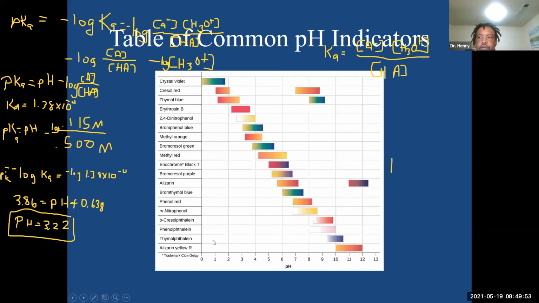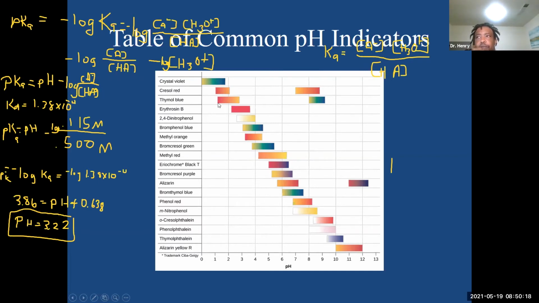It'll act in the range of 1 to 2, and then 7 to 9. This guy will go from red to orange, and from orange to red.